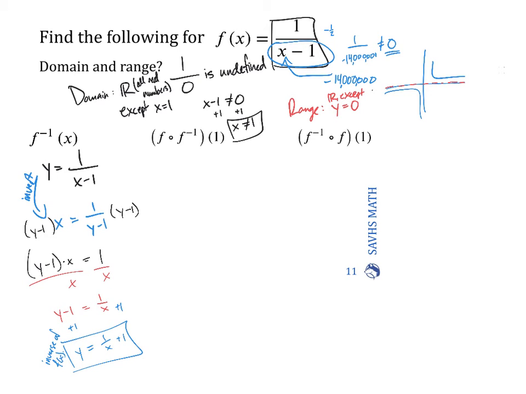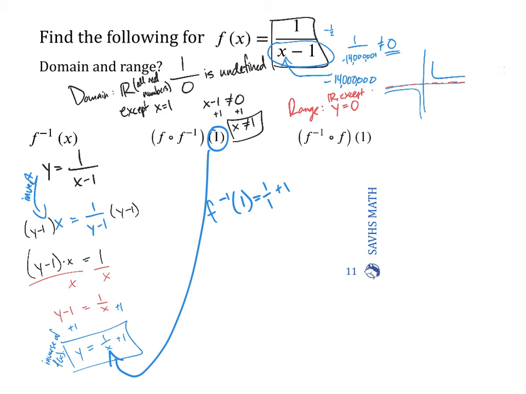Now we need to do a little composition here. Let's take the first composition here. We're going to put in 1. We're first going to put it in for x in f inverse. Then we're going to take the result and put it back into f. So f inverse of 1 is, okay, 1 over 1 plus 1.